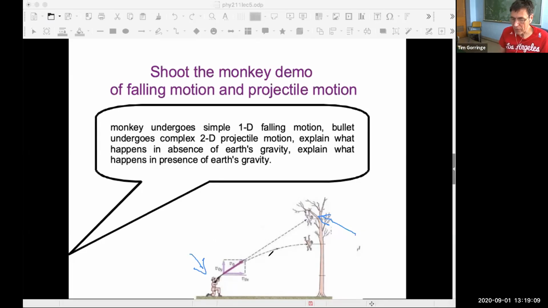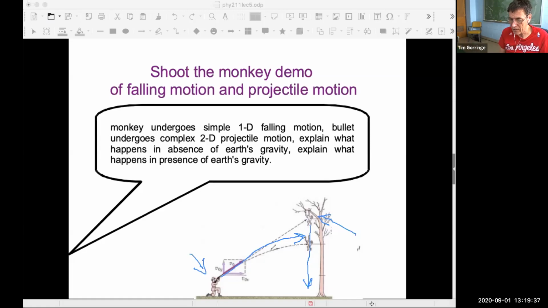If you think about this problem from the perspective of falling bodies and projectiles, the monkey is a simple falling body, falling in a straight line, which we understood a few classes ago. And the bullet is a projectile. It's moving in two dimensions, left and right, and up and down. And that's the topic of today's class.